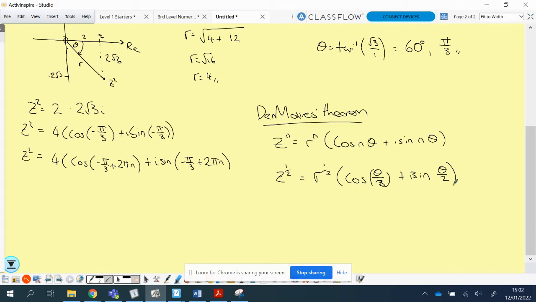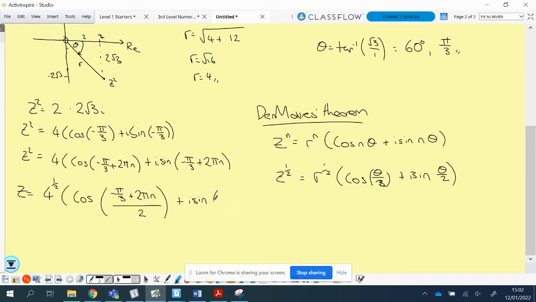So I'm going to do this over here. If I want to find what z is, that means I'm going to do the square root of 4, which is 4 to the power of half, cos, and this is where it can look quite messy. So I've got negative pi over 3 plus 2 lots of pi n. But because I'm taking the square root, I'm going to divide that angle by 2. That's going to be my argument there.